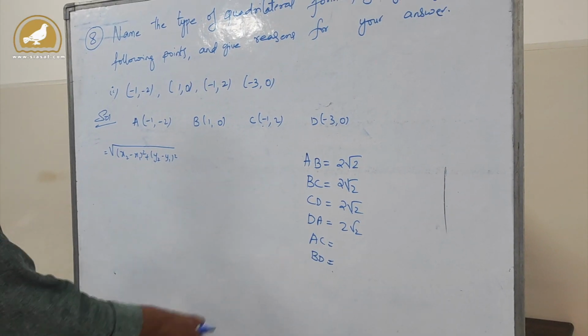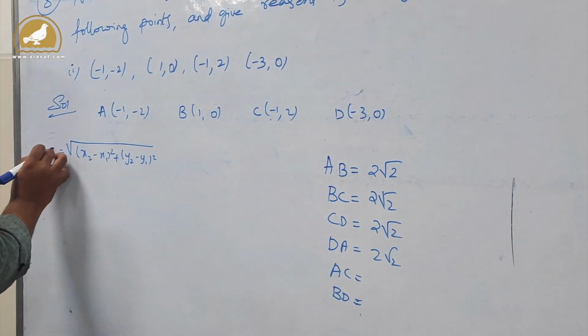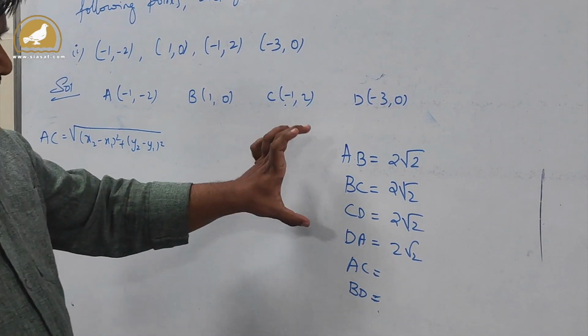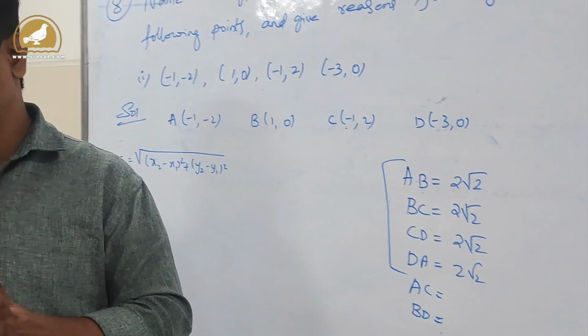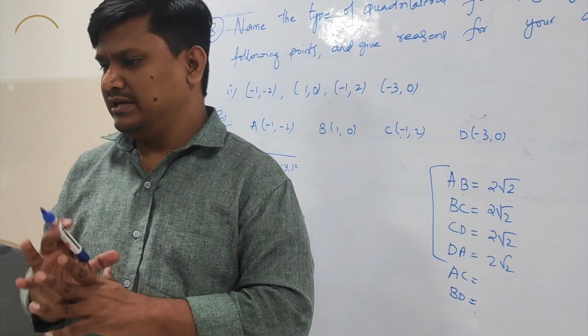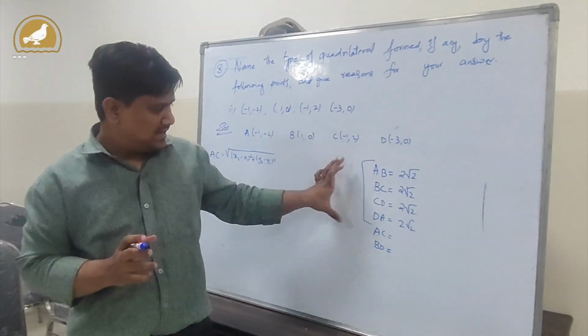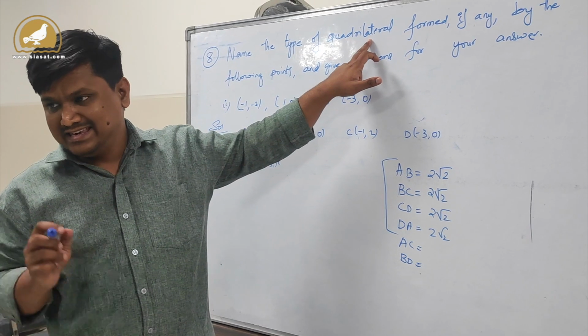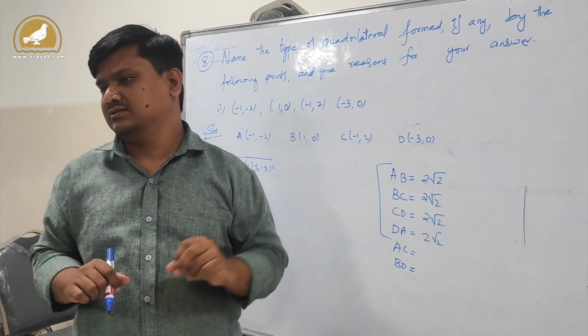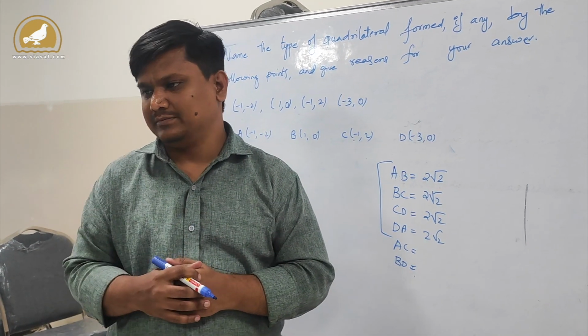Now we'll calculate the distance between A and C. But before calculating the distance between A and C, we saw that all four sides are equal. If all four sides are equal, we can say that this quadrilateral can be a rhombus or it can be a square.